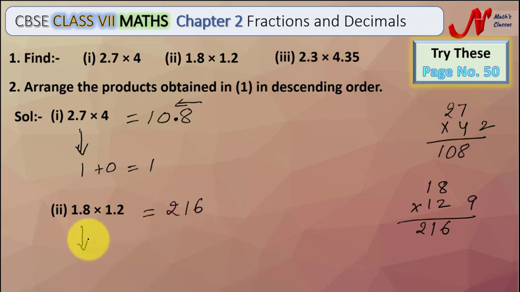By observing the given decimal numbers, we have 1 digit after the decimal point. In the second decimal number also we have 1 digit after the decimal point. So in the product we have the decimal point after 2 digits. So from the right in the product we keep the decimal point after 2 digits.